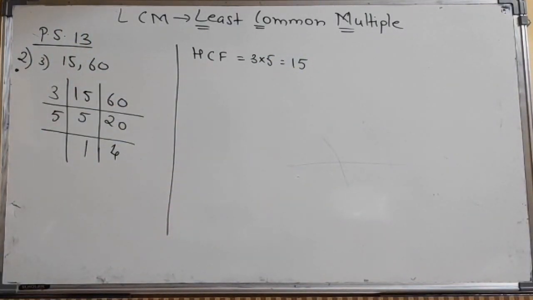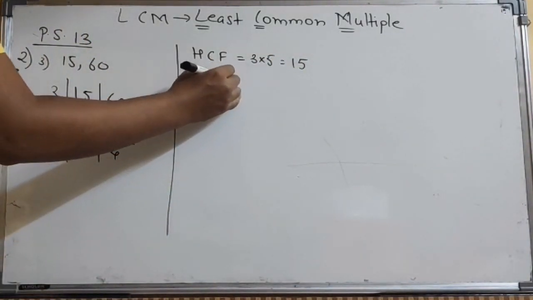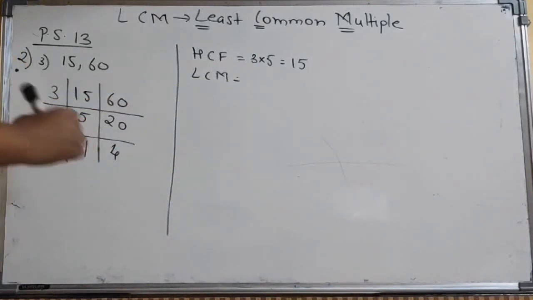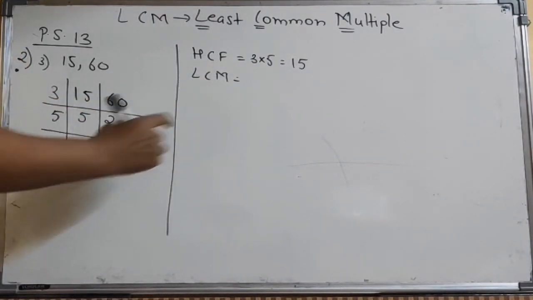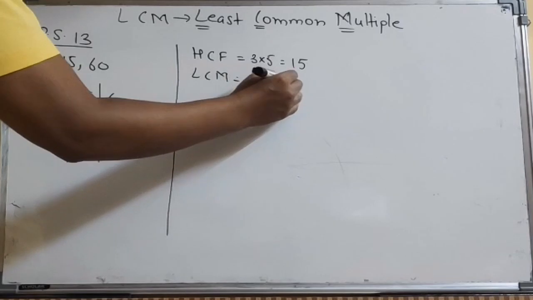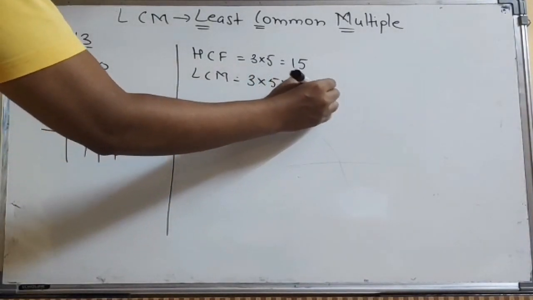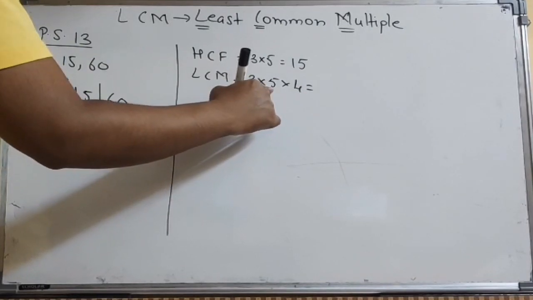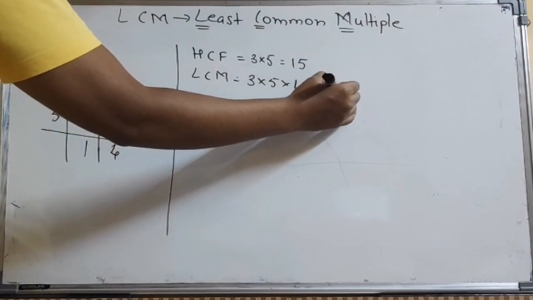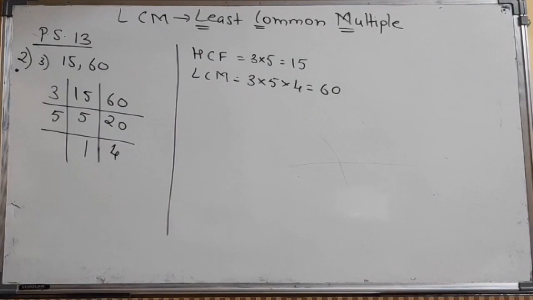Now let us see what the LCM is. LCM is 3 into 5 into 1 into 4. So 3 into 5 into, you can skip 1 and directly write 4. So 3 5s are 15, 15 4s are 60. Okay.